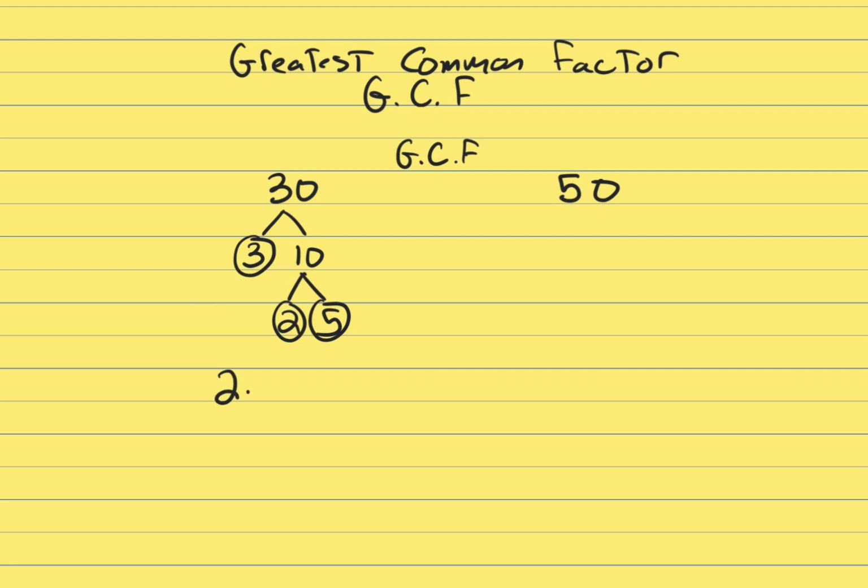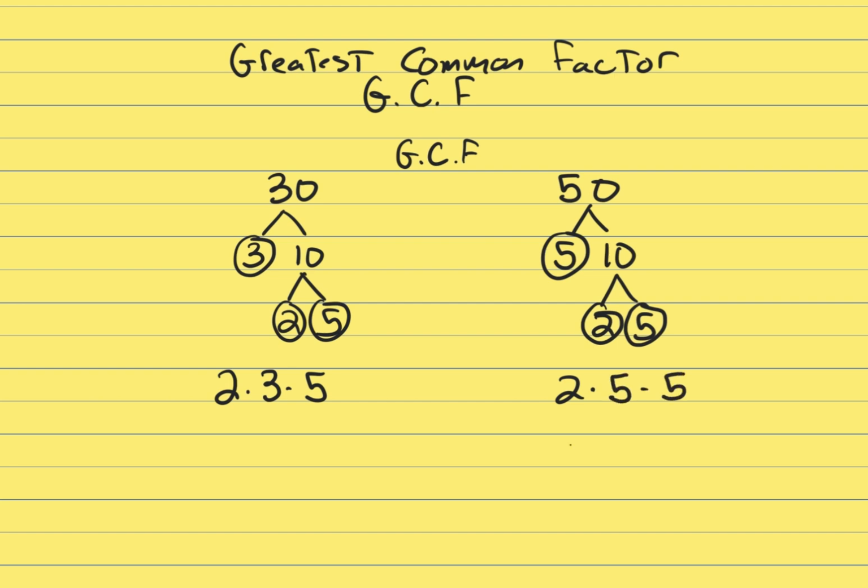So I'm just going to write it as 2 times 3 times 5. Now we're going to do the same exact thing for 50. It's 5 times 10. 10 is 2 times 5. So that's 2 times 5 times 5, which is 2 times 5 squared.